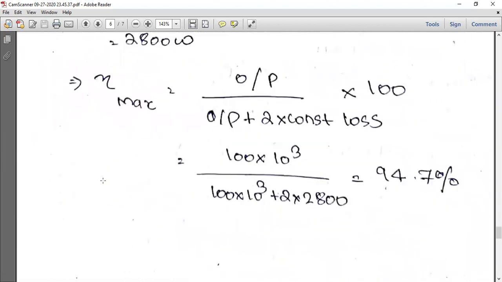Because we know efficiency is output by output plus variable loss plus constant loss, and if variable loss and constant loss are equal, we can add them, meaning two times. Output by output plus 2 into constant loss. That's how we get the answer. Okay, this is the maximum efficiency.